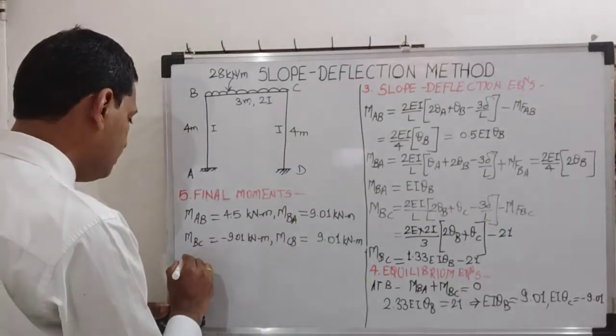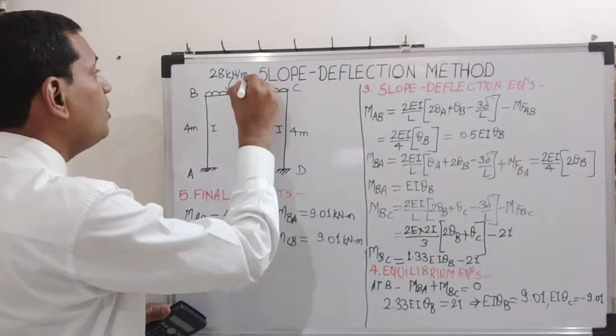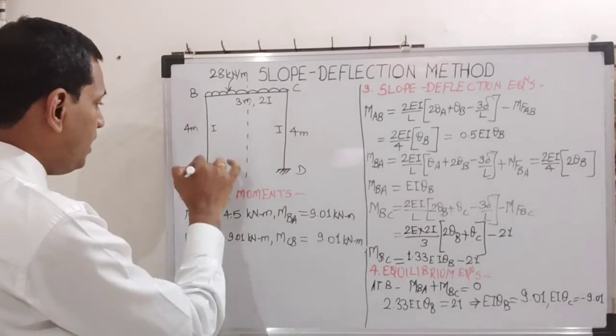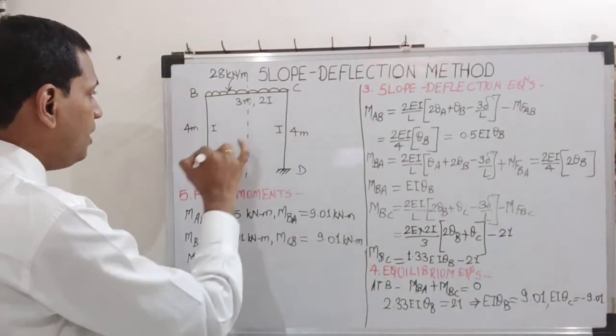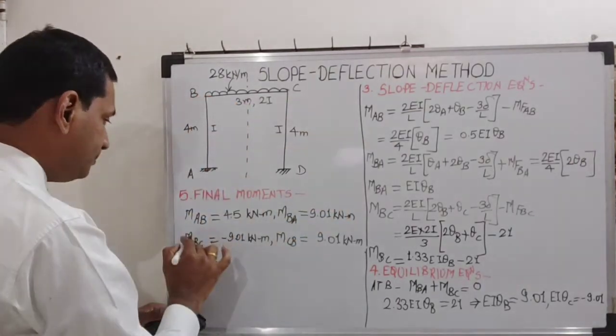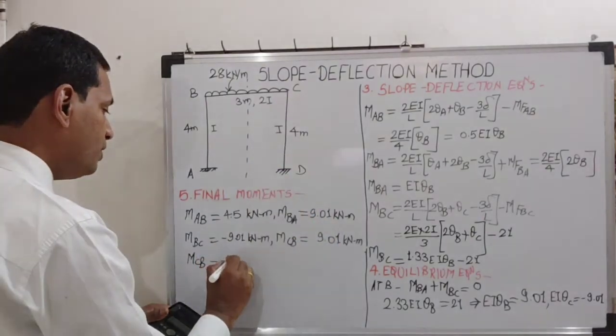Then MCD, you just have to look for the mirror image of this frame. So BC, BA and CB, CD. BA and CD will be equal and opposite. So what is BA? Plus 9.01. So CD will be minus 9.01.